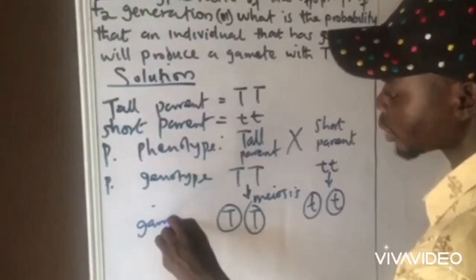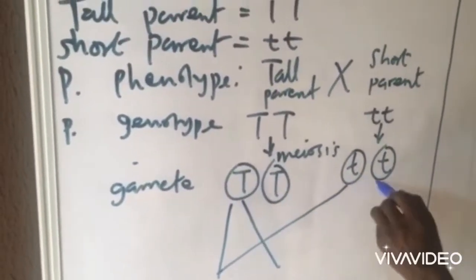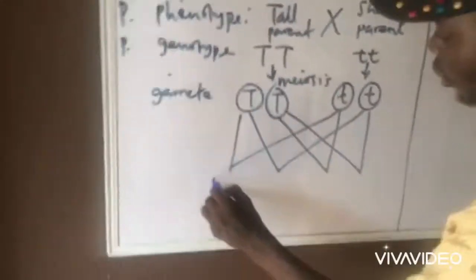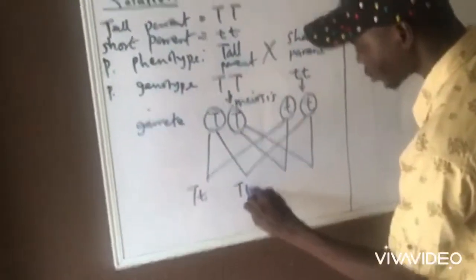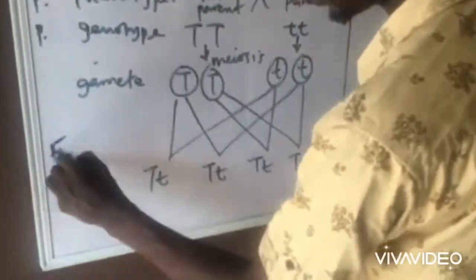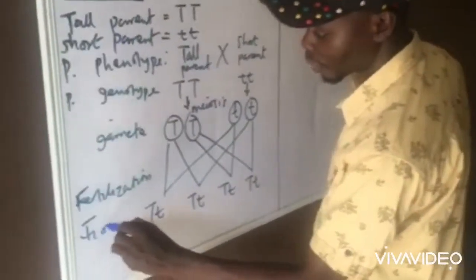That's the gamete. Cross-fertilization. From the cross-fertilization, we have the F1 offspring.